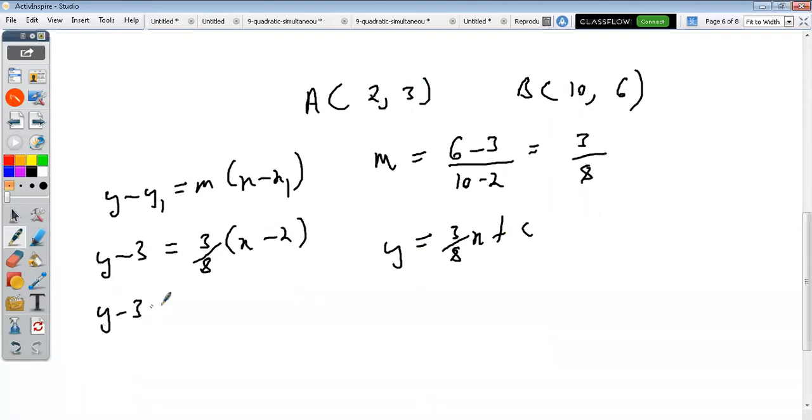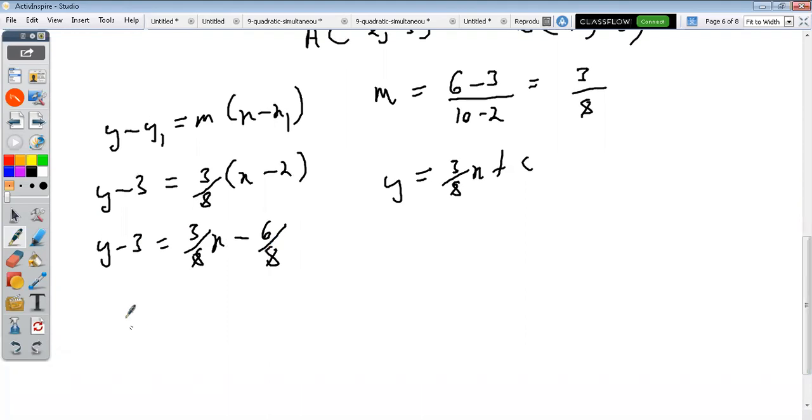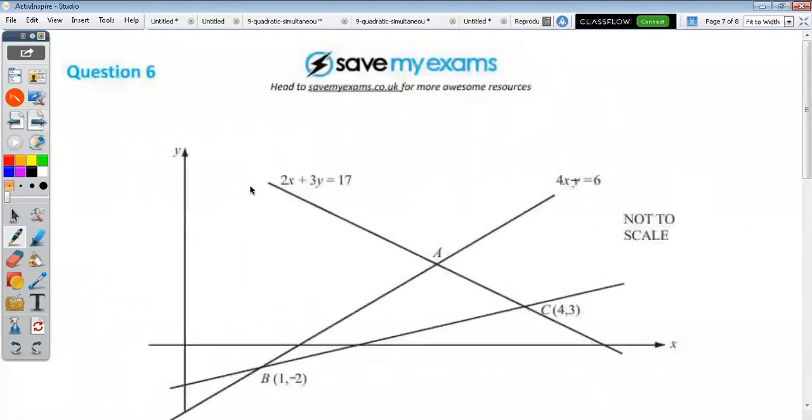Then y minus 3 is equal to 3 over 8 x minus 6 over 8, which is 3/4 anyway. Then take the 3 to the other side: minus 6 over 8 plus 3. Then you can use your calculator to evaluate that. That's what I meant by this.